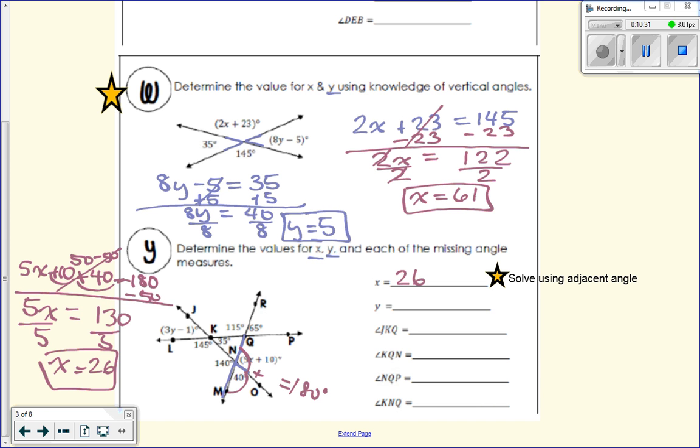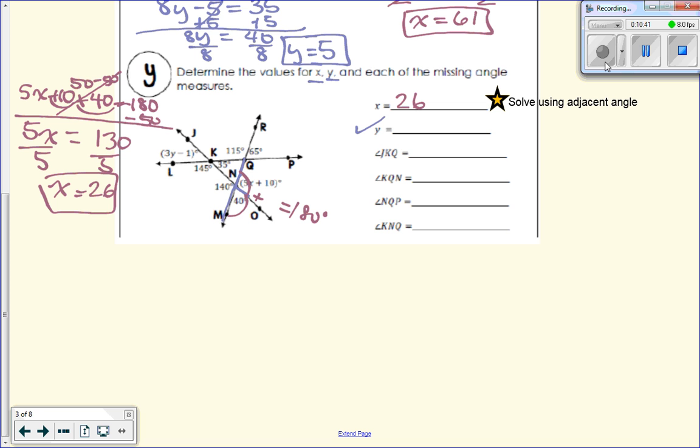Okay, so with your table, using adjacent angles, I want you to solve for y. Okay, so to solve for angle y using adjacent angles, angle y is here, and again, adjacent angles, notice that it lies on a straight angle.